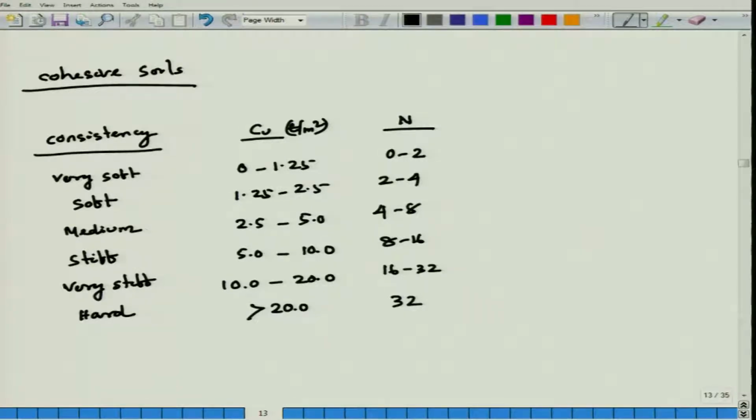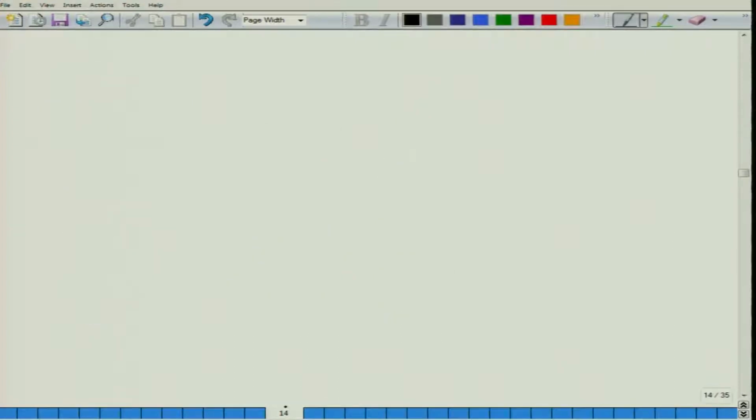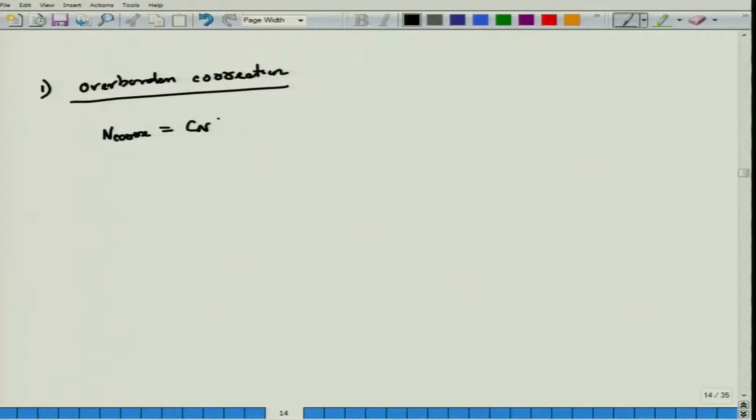Now coming back, as I said, after hammer correction is over, there are two corrections. One is your overburden correction, second is your dilatancy correction. For overburden correction, generally N corrected equals Cn into Nf.